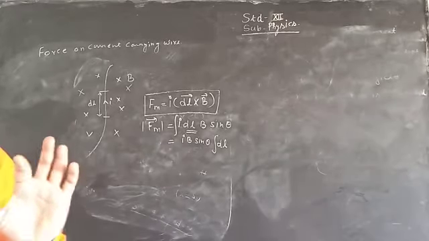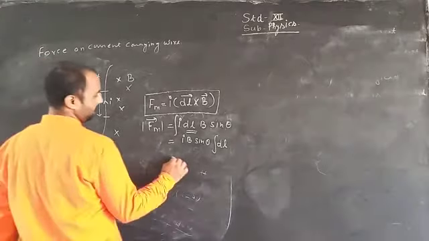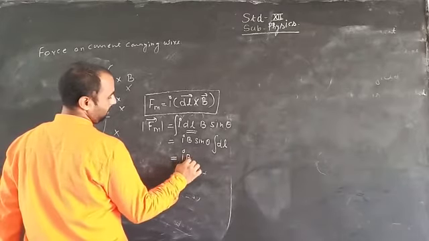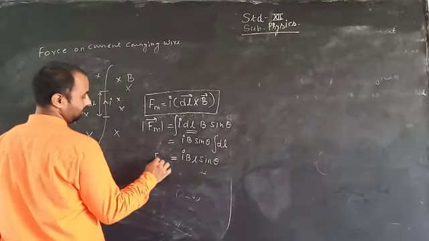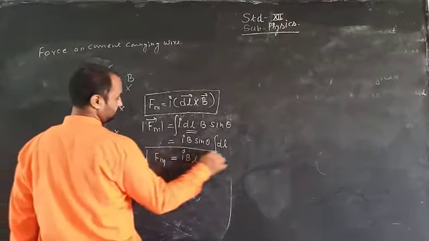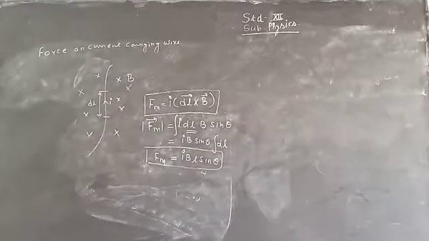If dl is combined here, this value becomes the total length of the wire, and hence we get I B L sin theta. This is it.